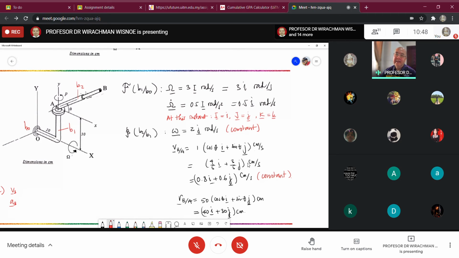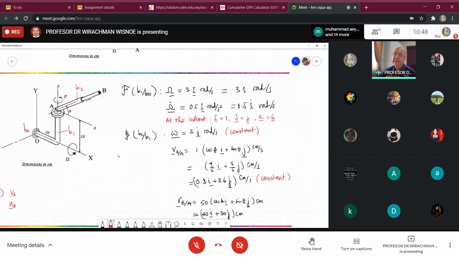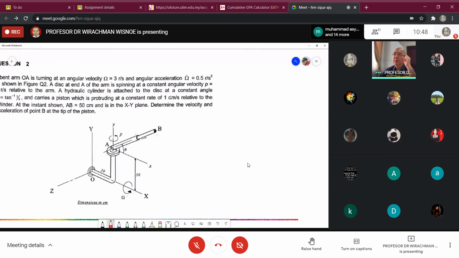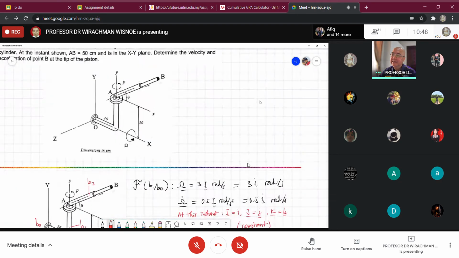And then we have the velocity here of B, which is 1 according to the problem. Let's read again. This is 1 centimeter per second in the direction of the cylinder.